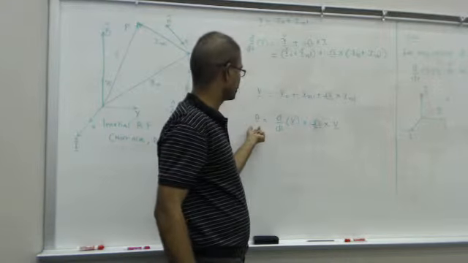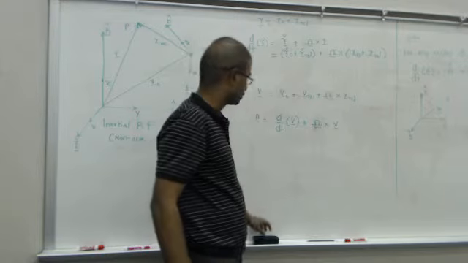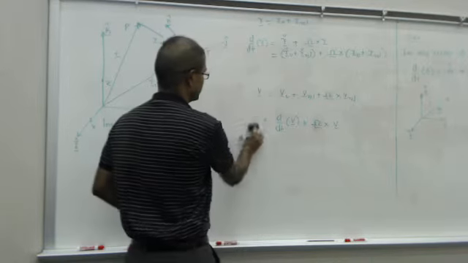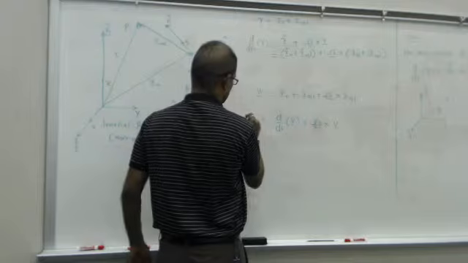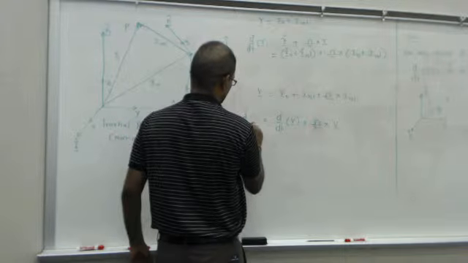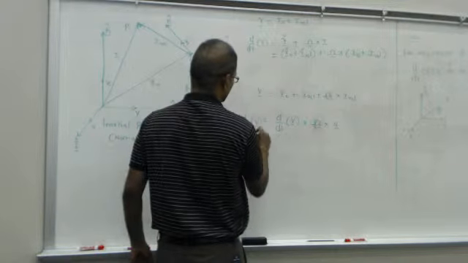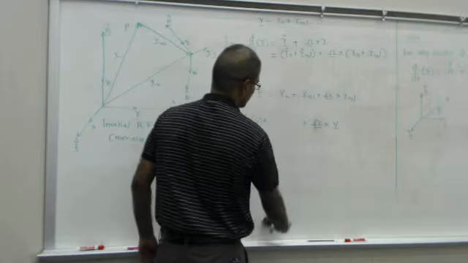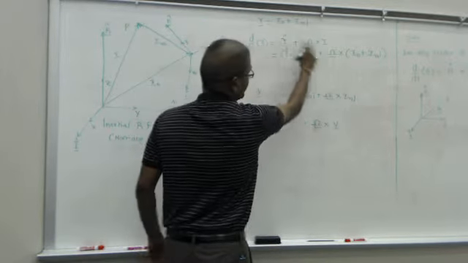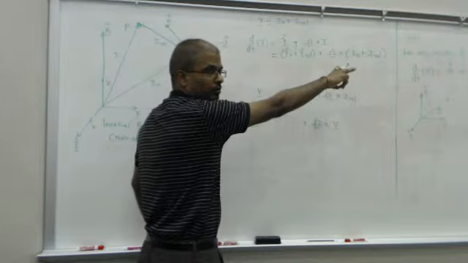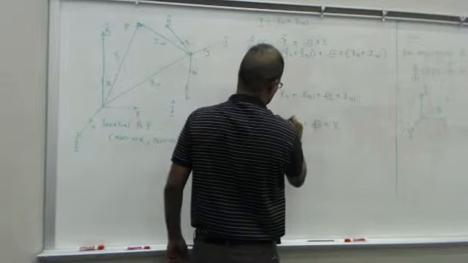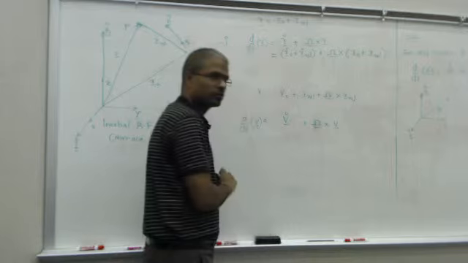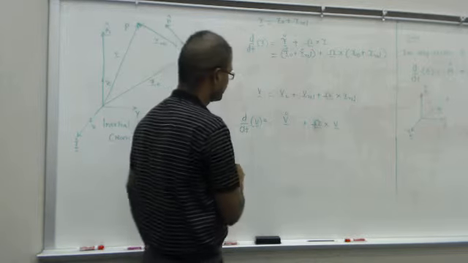So acceleration is equal to d over dt of v. What did we say this was? We'll use that: v circle dot. Okay?